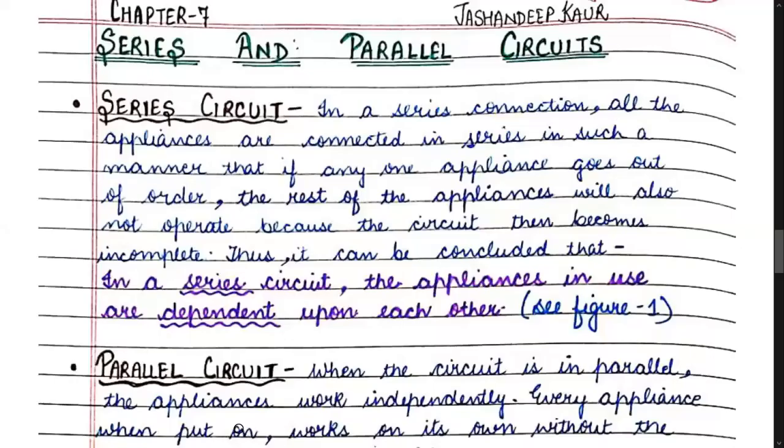Further, today we will learn about series and parallel circuits. So what is a series circuit? In a series connection, all the appliances are connected in series in such a manner that if any one appliance goes out of order, the rest of the appliances will also not operate because the circuit then becomes incomplete.